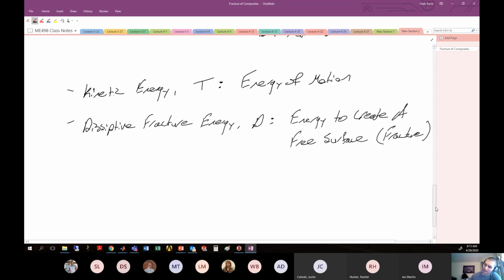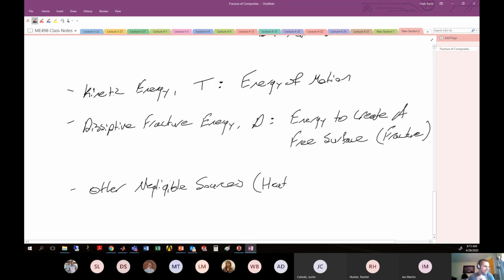So we can write this mathematically. I'll make one more note, that there are other sources that are negligible. Things like heat.